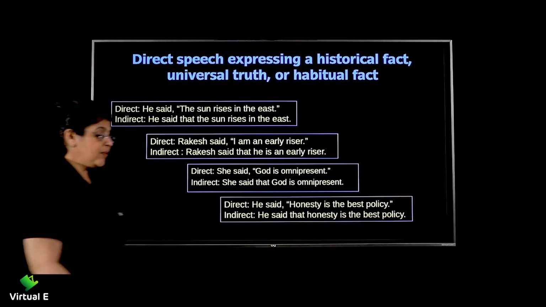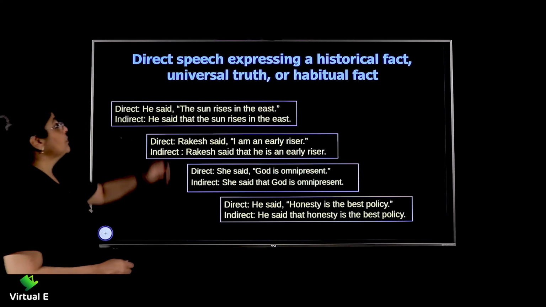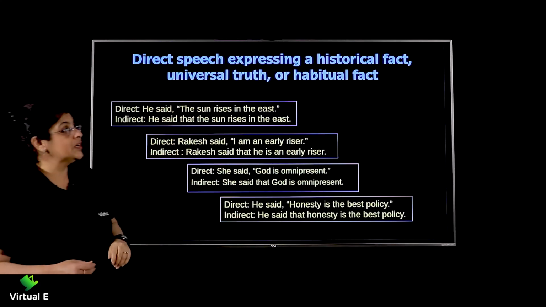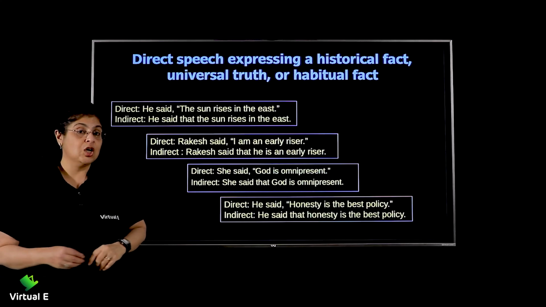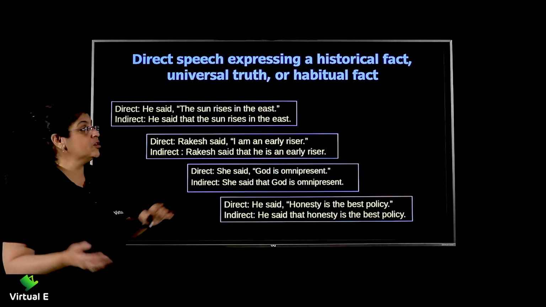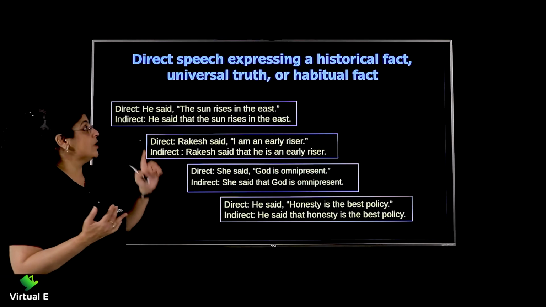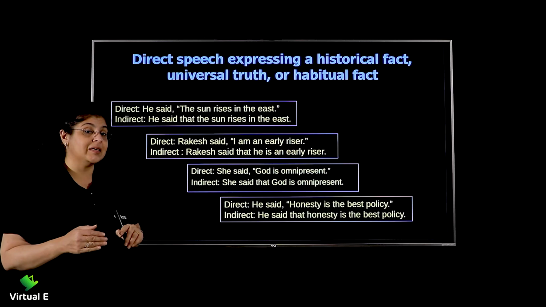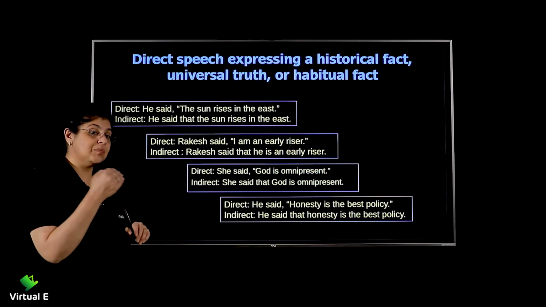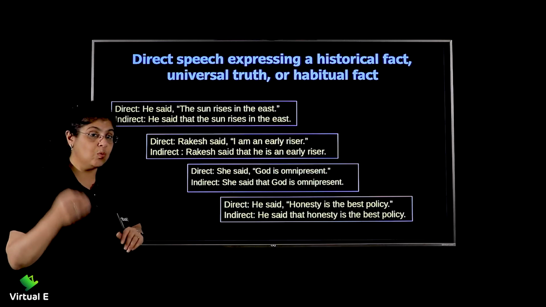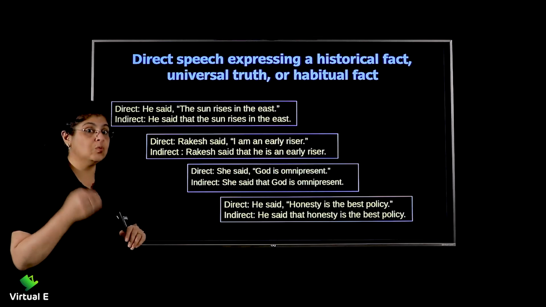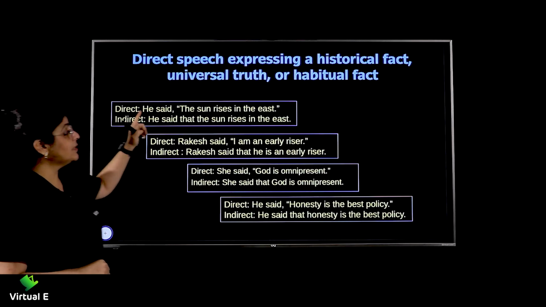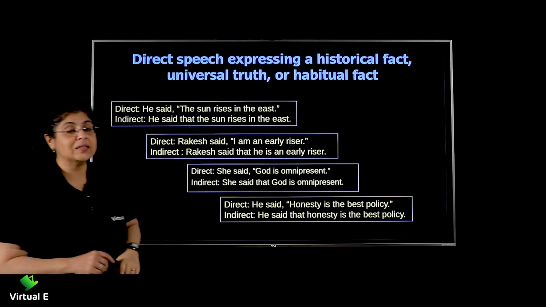Now, you need to remember one more thing which is very important. Direct speech expressing a historical fact, universal truth, or a habitual fact. What happens to those? When you have a historical fact, a universal truth, or a habitual fact, in that case, when you change your sentences from direct to indirect speech, what all do you not do? Direct: "He said the sun rises in the east."